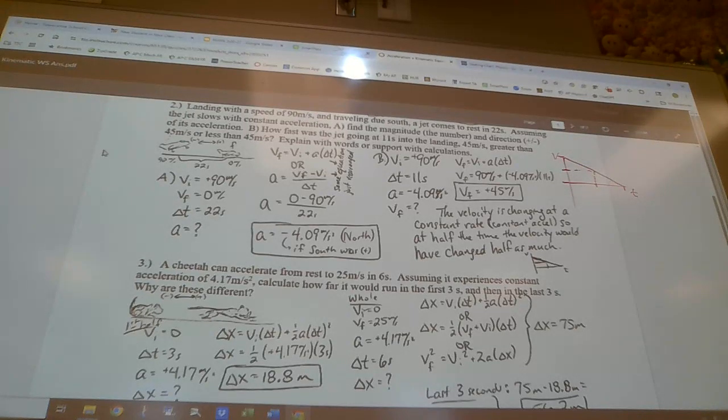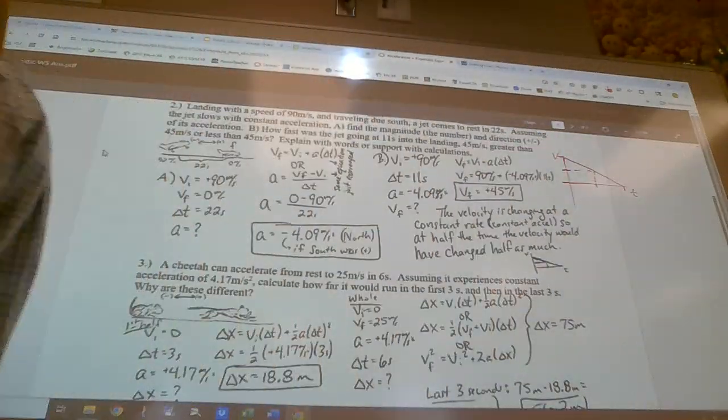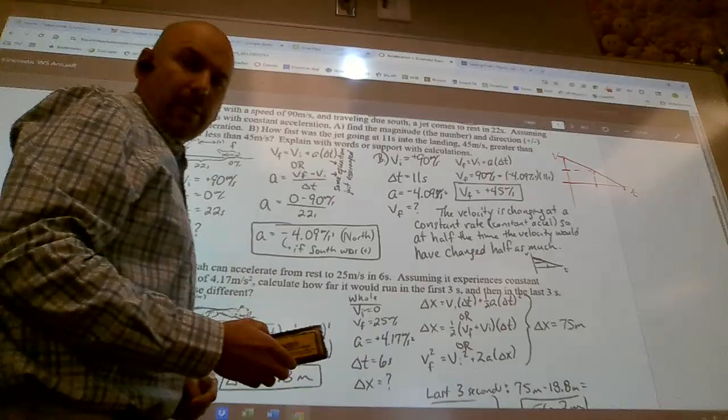Because if you have a constant acceleration, your velocity is changing at a constant rate, so at half the time, you've changed half as much. Good with that? Okay. So just trying to show you different ways to represent that.